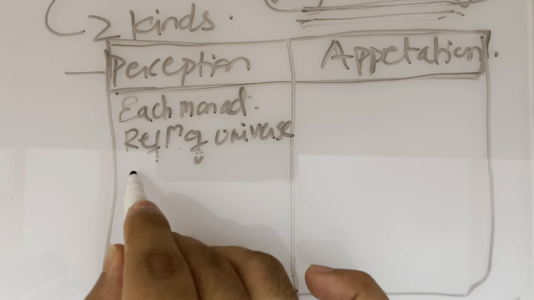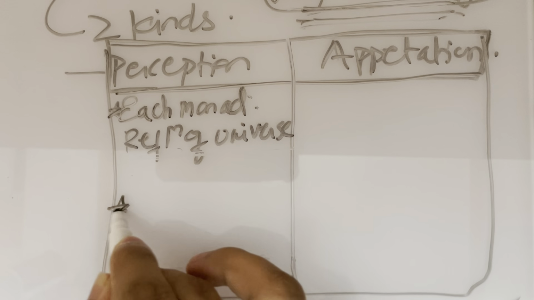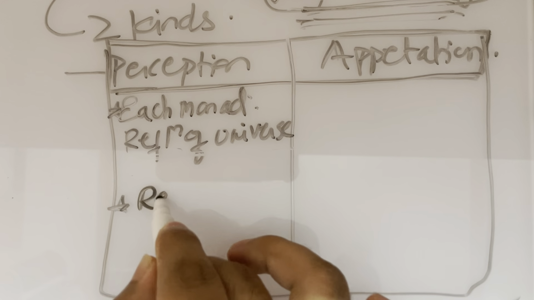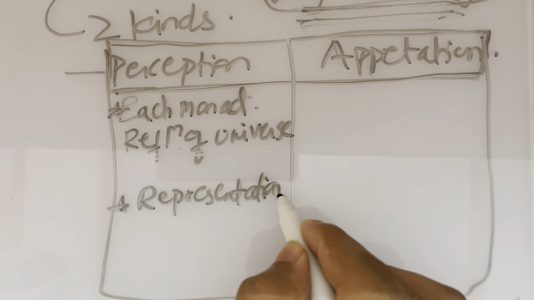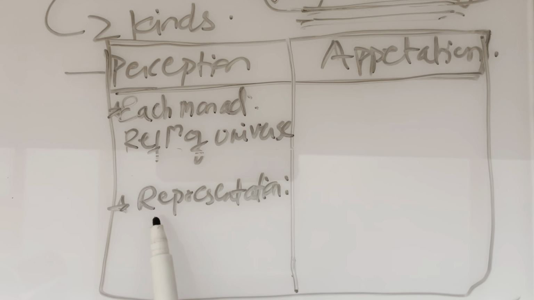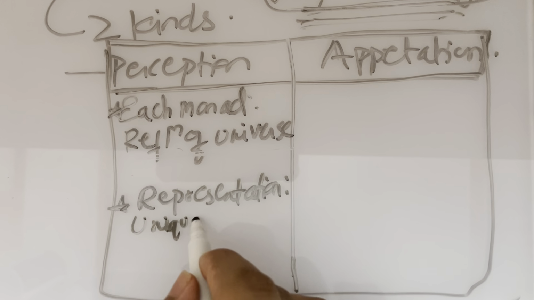But the limiting factor here is representation, because each monad has a distinct, unique representation.